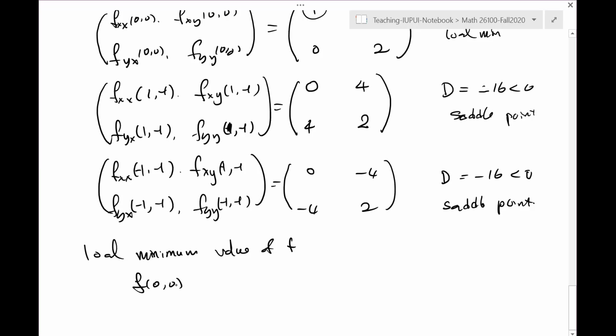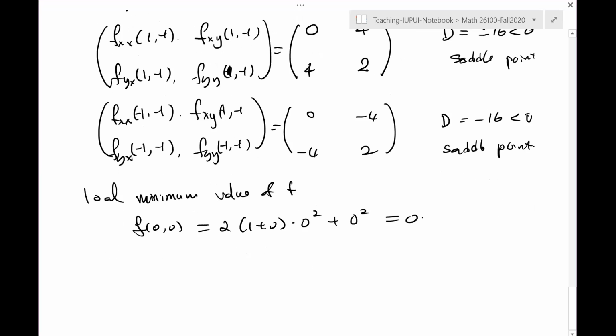And since the function is, yeah, you just plug in 0, right? So it's actually 2 times (1 plus 0 squared plus 0 squared), which is 2. Okay, so the local minimum value is there. Saddle point, okay, you have to mention the saddle points of the function.